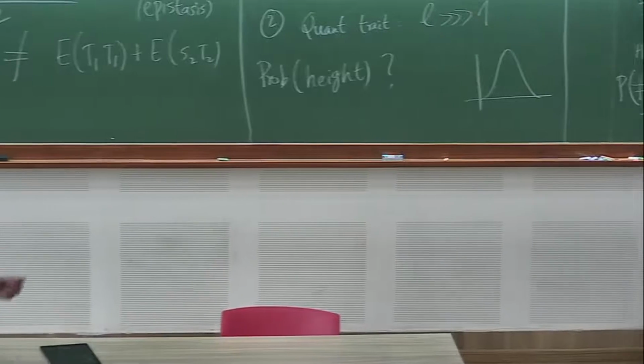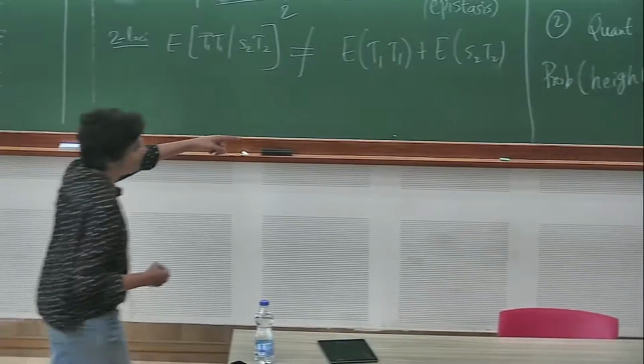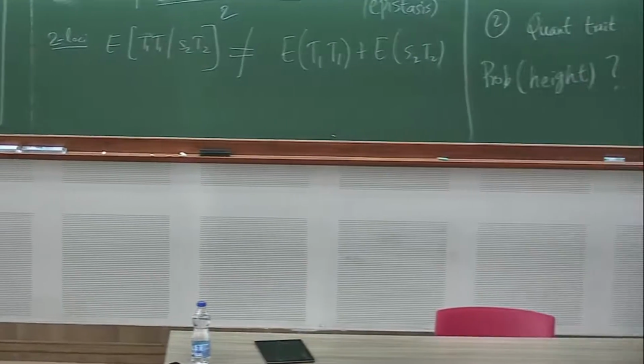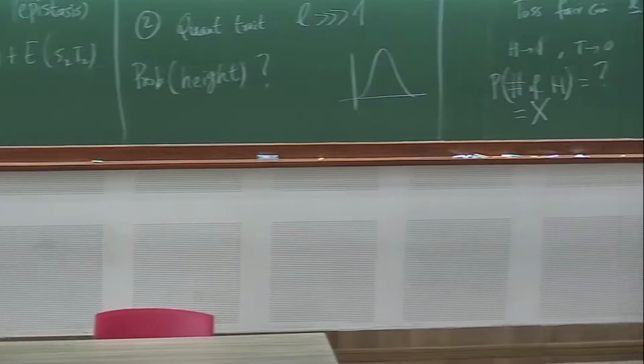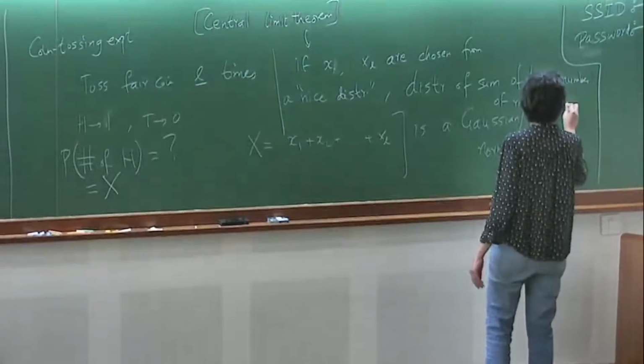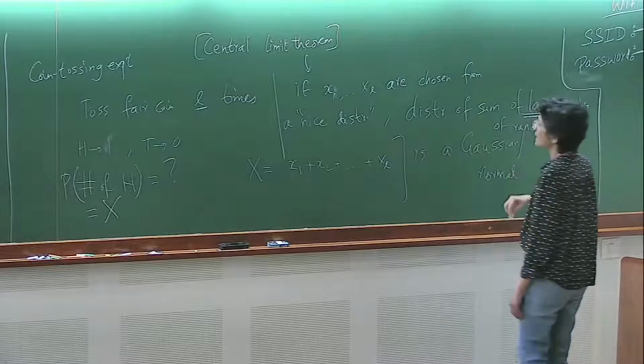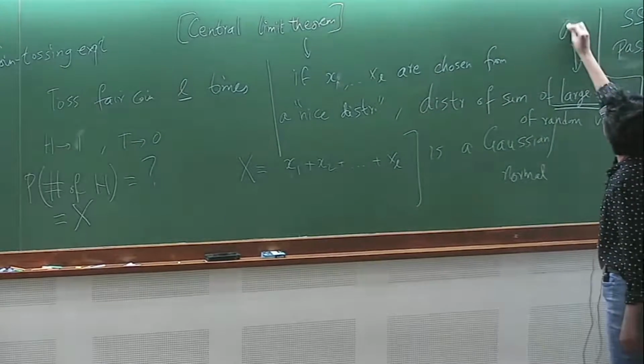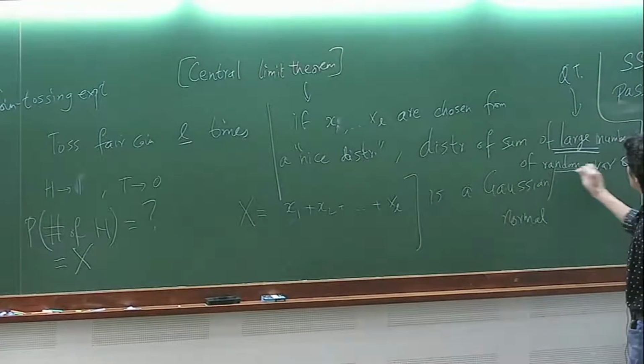We said it's a quantitative trait. Large number of random variables. So that's because it's a quantitative trait, right? What is random?